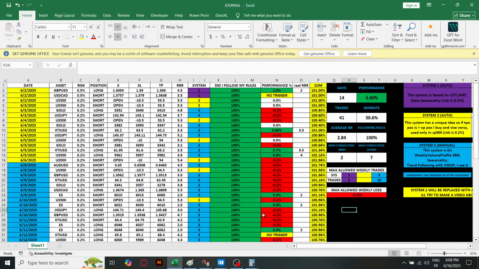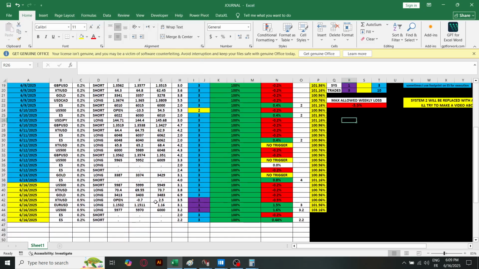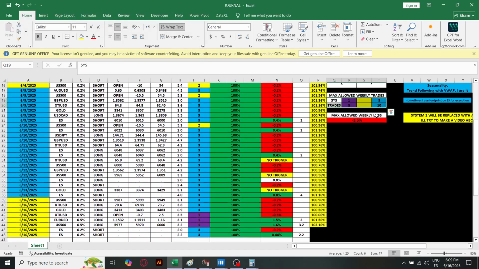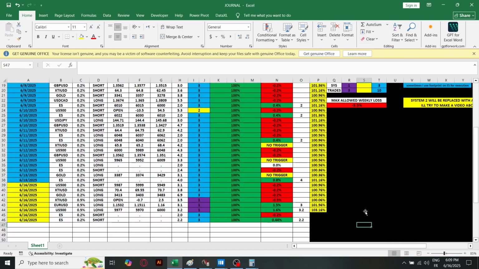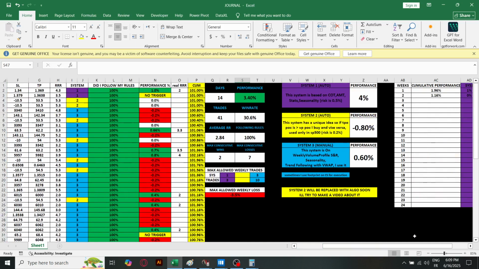This is very good for me, and this is the maximum positions on system 1, which are over here, 2 wins and 1 loss, and we have 10 positions on system 3. I'm currently doing 5 positions, so I have another 5 positions, which means another 1% risk. So even if I lose 1%, I will end up on 2.4 at the end of the week, which is lovely.